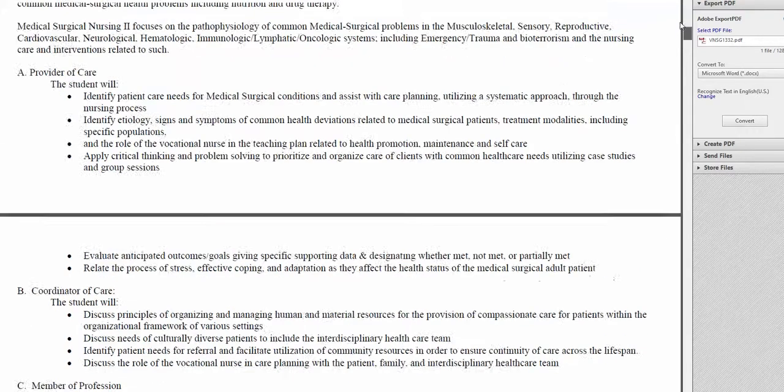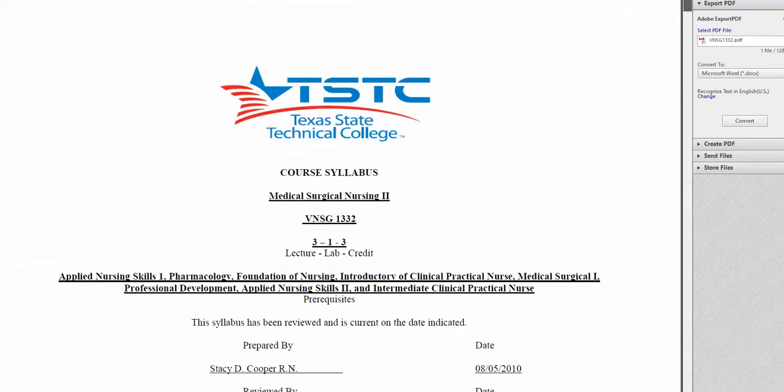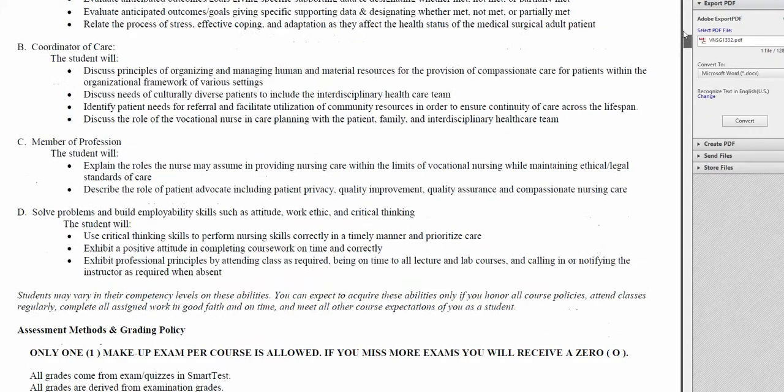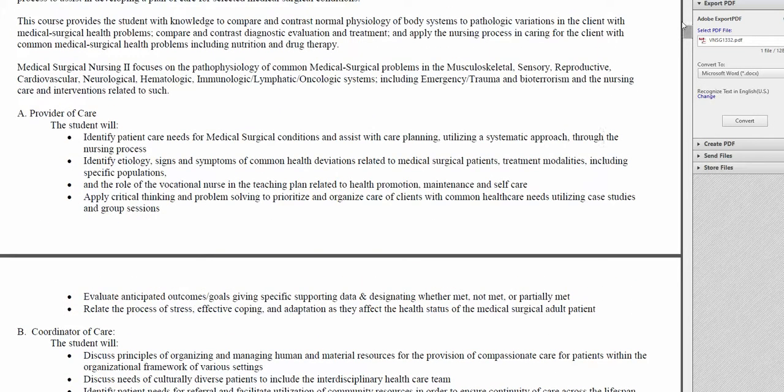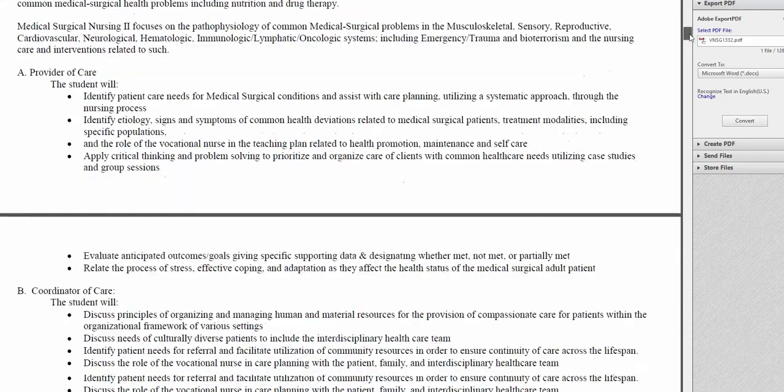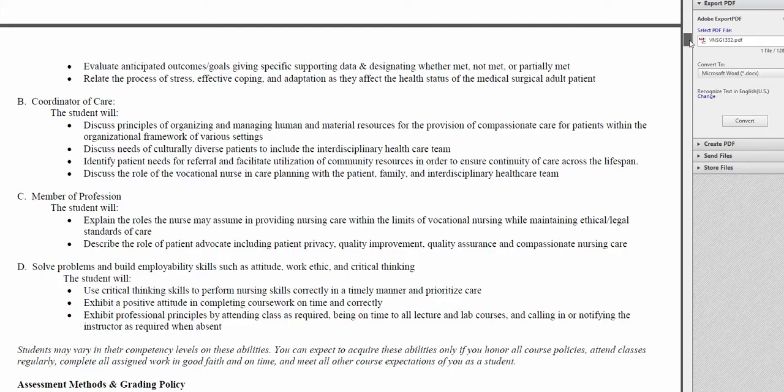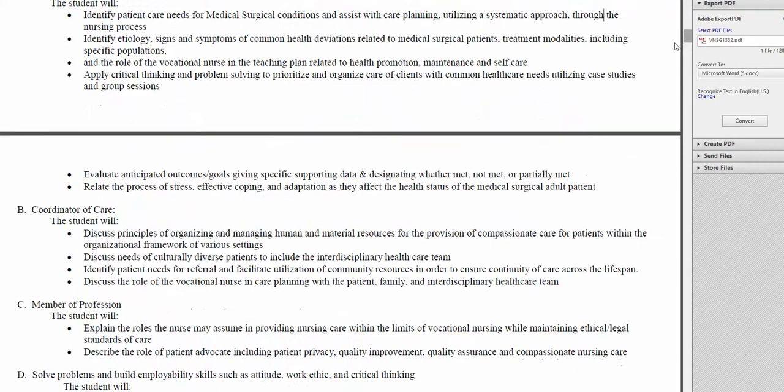Now, this is from, where did I say this was from? Texas State Technical College. And if you look down here in her course outcomes, she also identified provider of care, and then the student will, coordinator of care, the student will, and member of the profession, and solve problems. I would suspect, and I might try to find it, that their program outcomes identify these roles: provider of care, coordinator of care, and member of the profession.